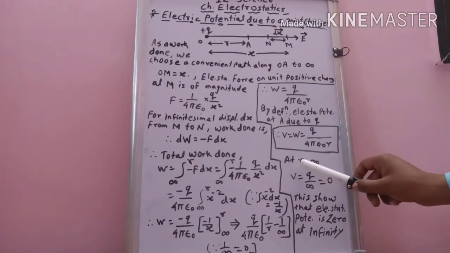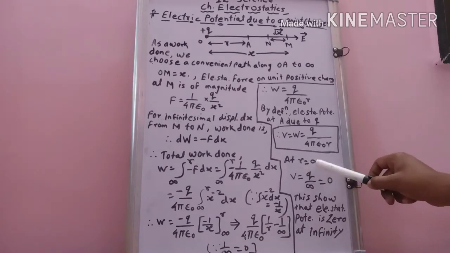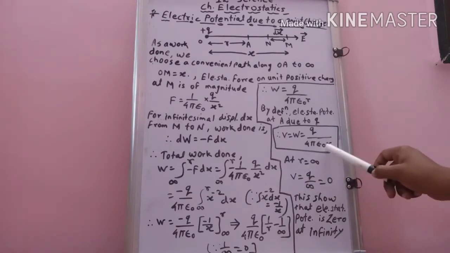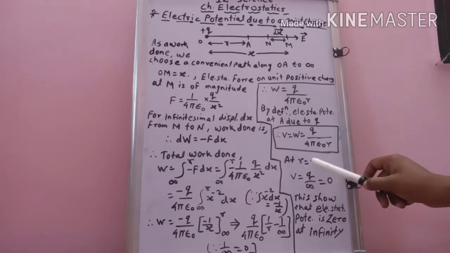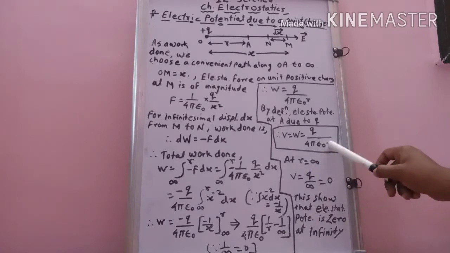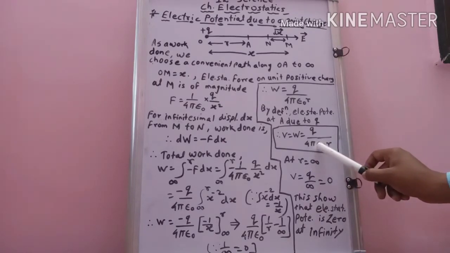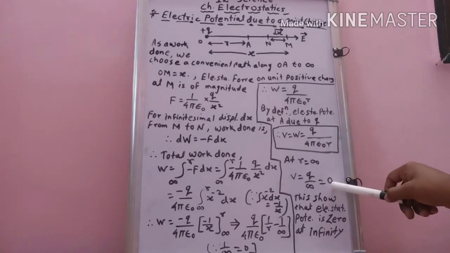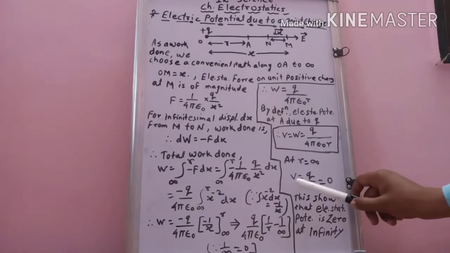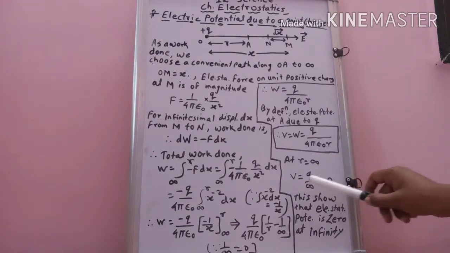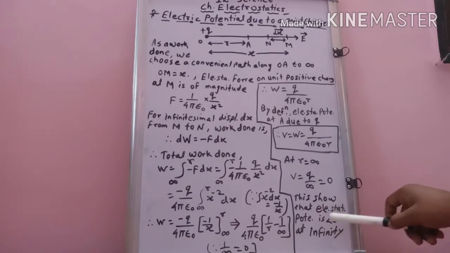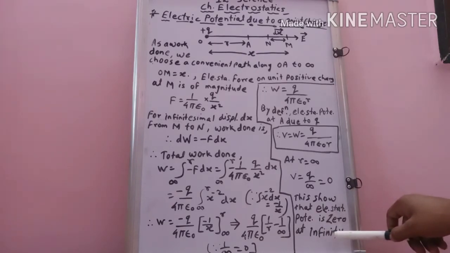Then at r equal to infinity, V is equal to Q upon infinity, which is equal to 0. So the electrostatic potential V is equal to 0, showing that the electrostatic potential is zero at infinity.